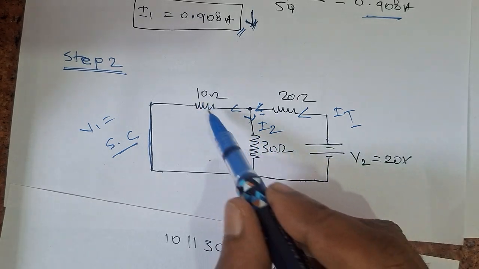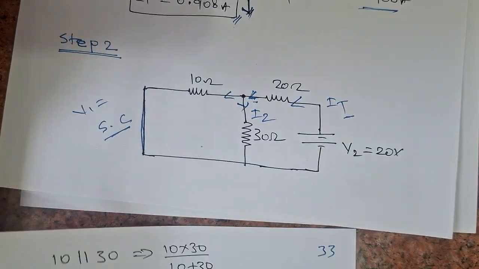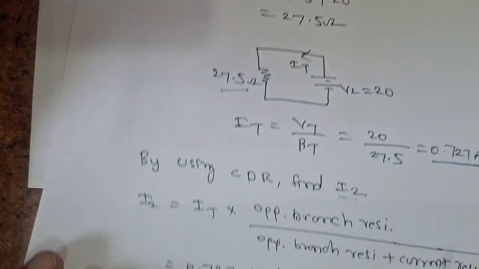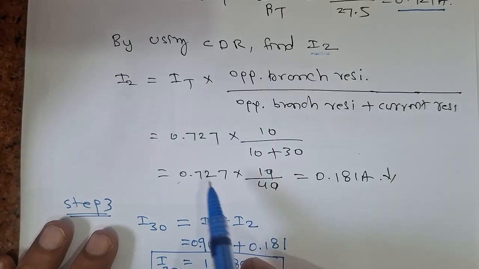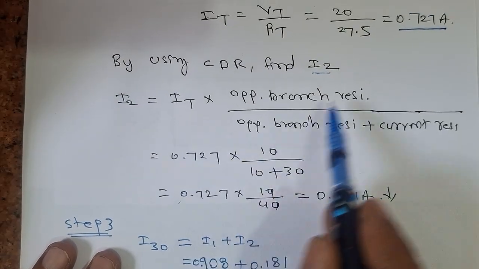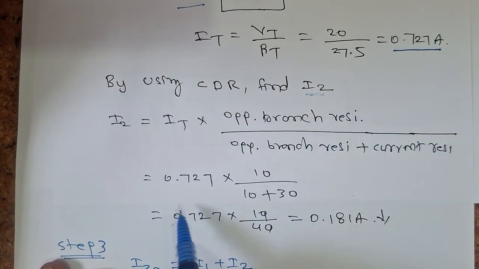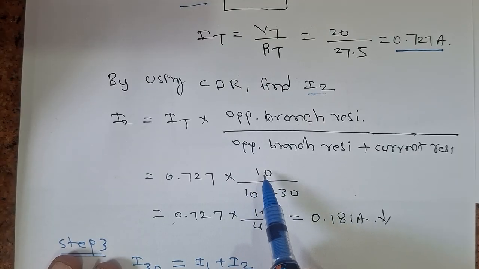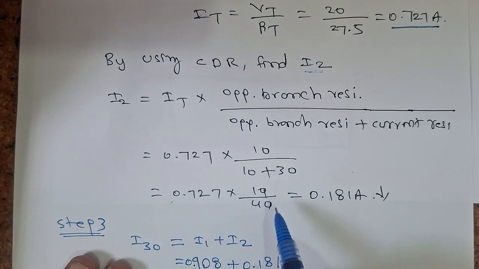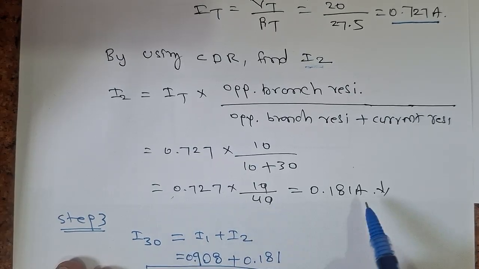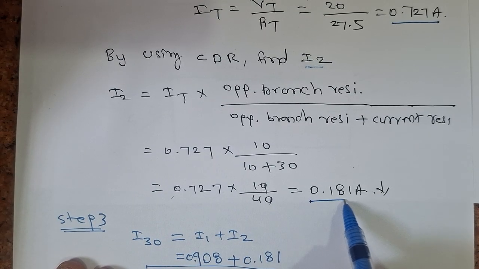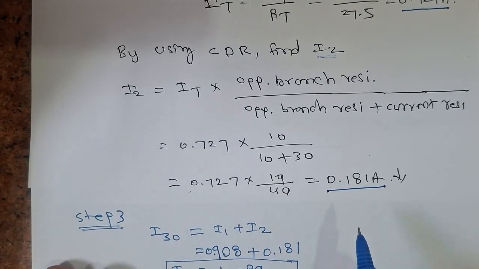So 10 by 10 plus 30. That is the current division rule in the second case. Therefore, total current 0.727 amperes into opposite branch 10 by 10 plus 30. Therefore, 10 by 40 is 1 by 4. So 0.181 amperes. This is the I2.